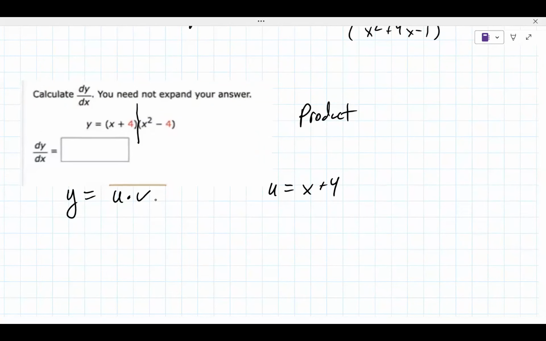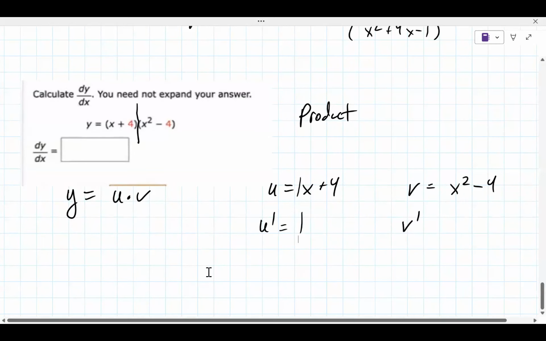U is x plus 4. V is x squared minus 4. Can you calculate u prime and v prime for us, please? So for u prime, if we just have x in the front, isn't that just 1? 1, and then 4 stays as is.